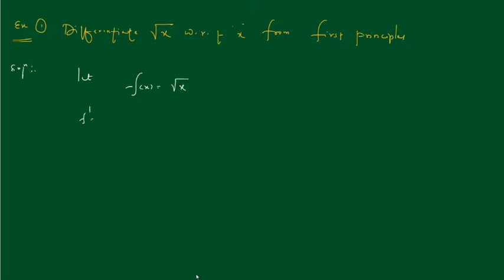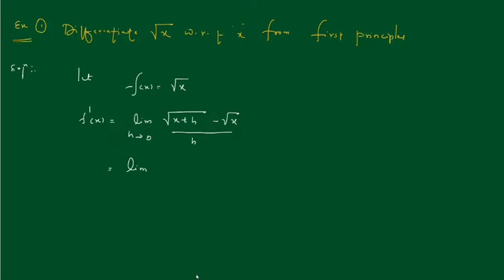So already we have the standard form, that is f dash of x equals limit h tends to 0, root of x plus h minus root x, whole divided by h.